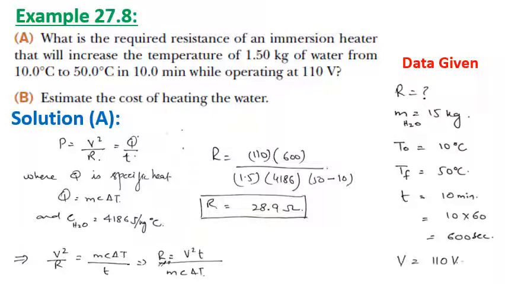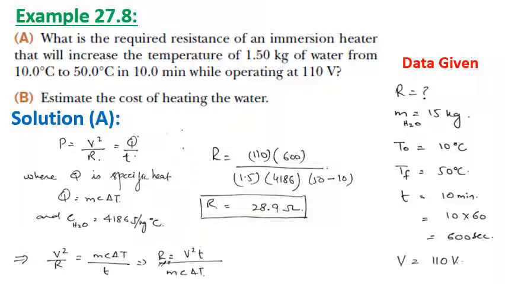So putting in the values, voltage is 110, times 600 seconds, mass is 1.5 kilograms. Sorry, I have written it incorrectly over here.